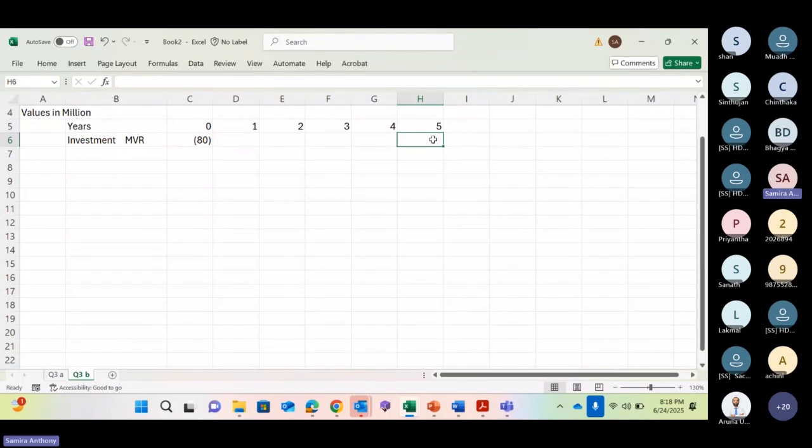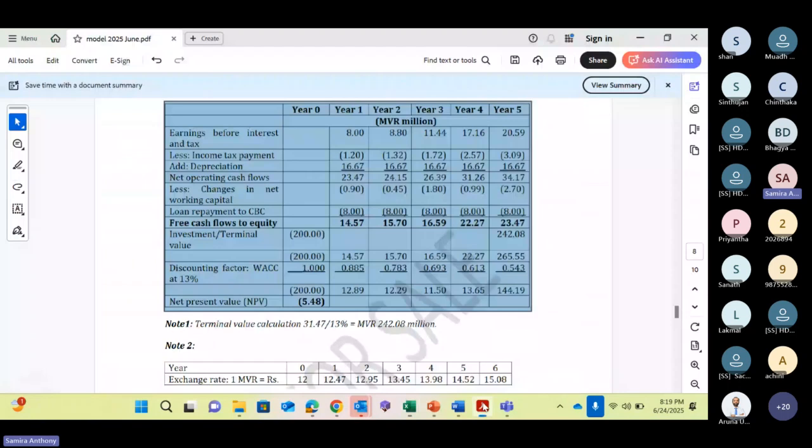Let's take it later on. Let's put the investment now. Then our cash flows.